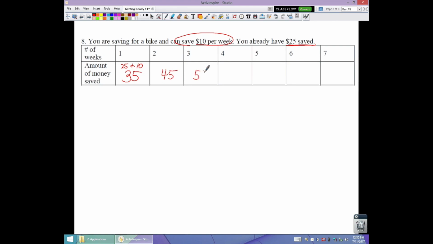Save another 10, I'm at 55, 65, 75, 85, 95. So again, it's linear, constant rate of change is 10, so y equals 10x plus, now my 0th term, my starting amount was the $25 I had before I started saving for the bike.